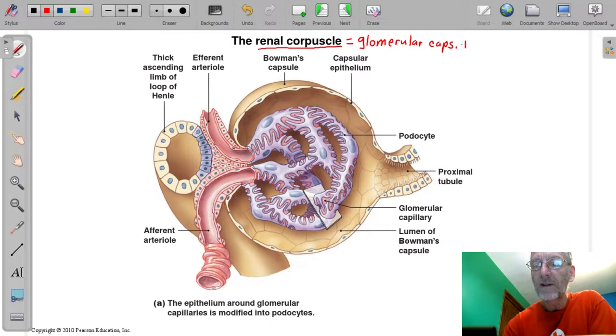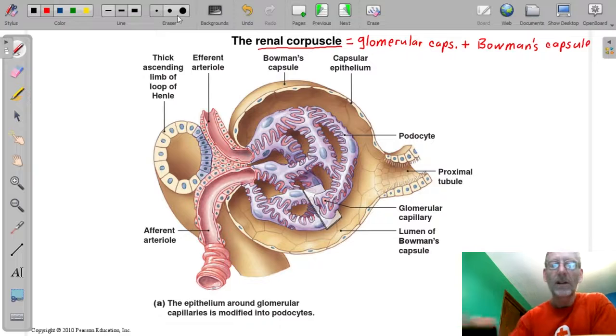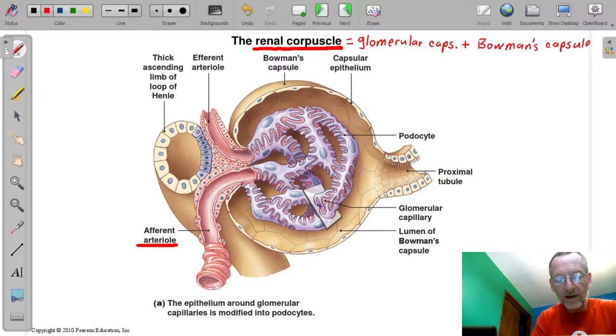Glomerular caps plus the Bowman's capsule. Those two structures make up a renal corpuscle. Okay, so that's what we have here, is a renal corpuscle that we're looking at. So there's the afferent arteriole again, supplying blood, and the efferent arteriole.